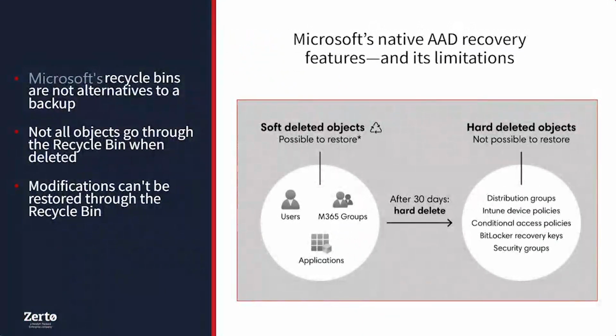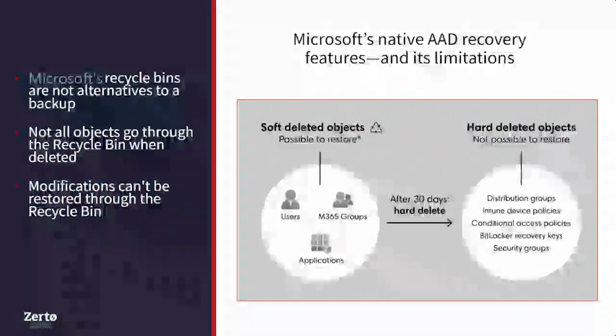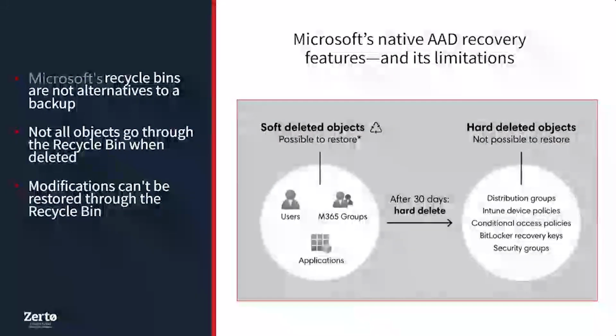And so a lot of times you'll see organizations say we use the recycle bins. But a recycle bin isn't an alternative for a third-party safe and secure backup. A recycle bin gives you some short-term security, kind of like a safety net, but you can rip through a safety net over time.